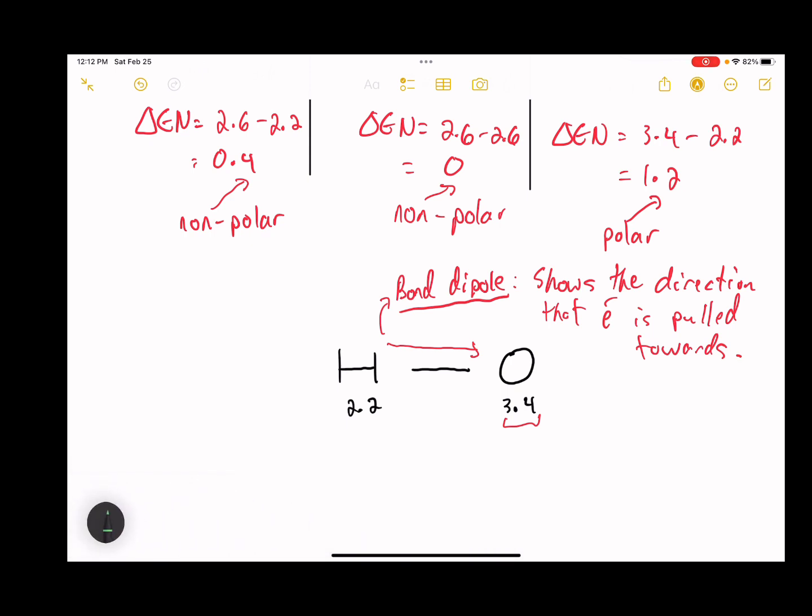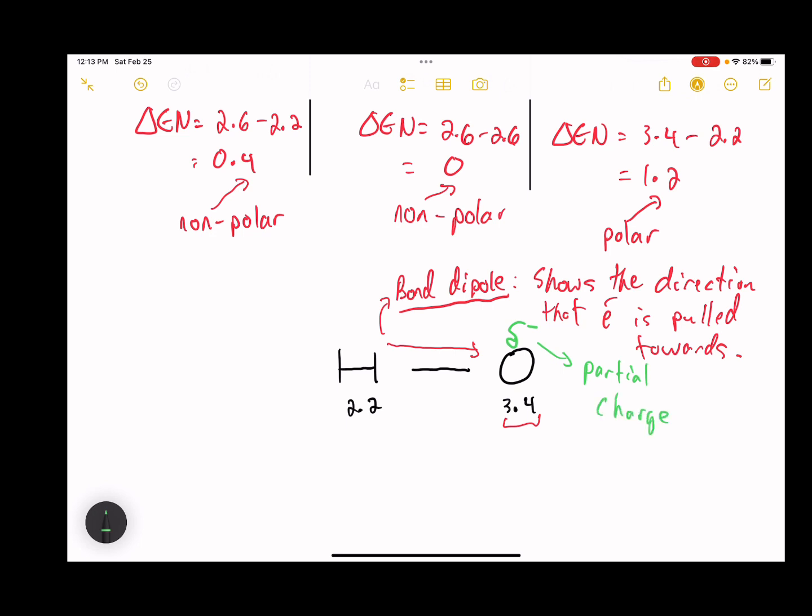Because the electron cloud, or the electron area, depending on whether electrons are particles or waves, will spend more time around oxygen. It won't spend all its time around the oxygen, it's not a transfer like an ionic bond, but it will drift towards the oxygen. So oxygen, because of the electron cloud that is present, is going to have a partial negative. And that little weird S does mean a partial charge.